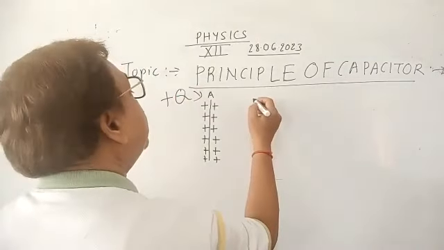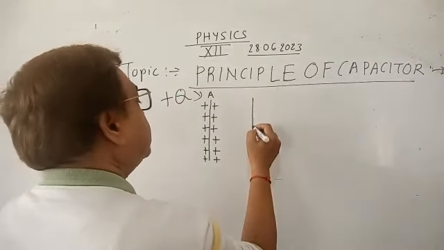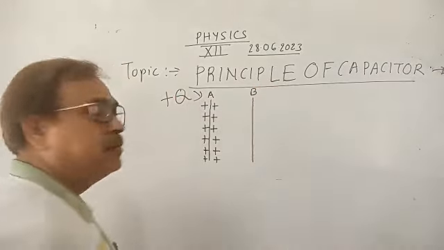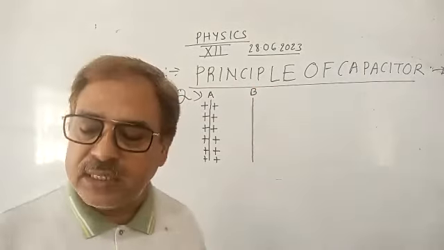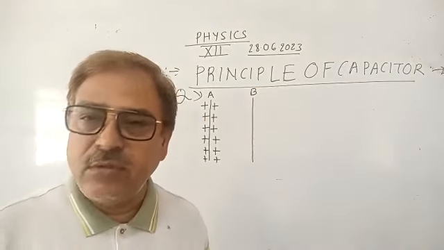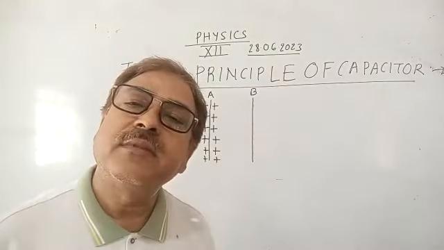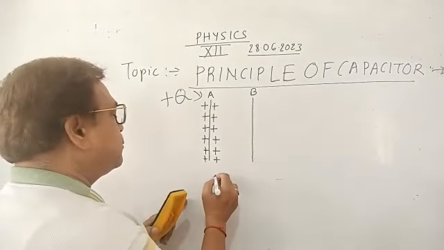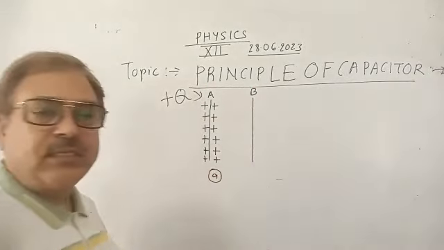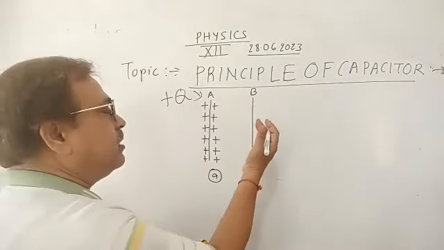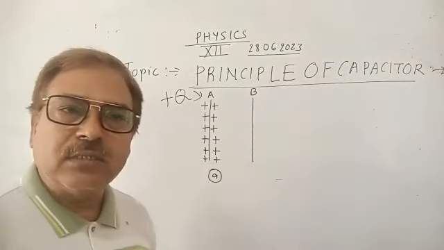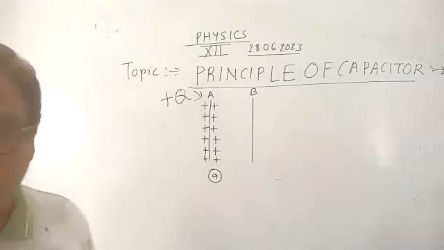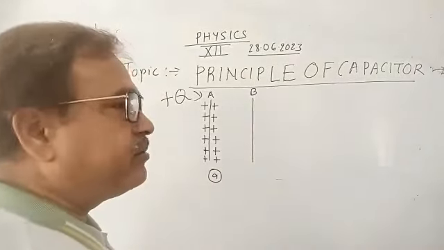We place the second identical plate B, which is uncharged. No charge has been given. If a positive charge has been given in the first stage, and another uncharged plate is brought in the neighborhood of the positively charged plate, what happens to the system now?